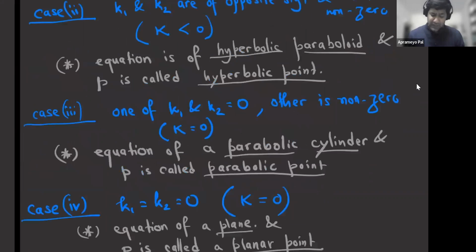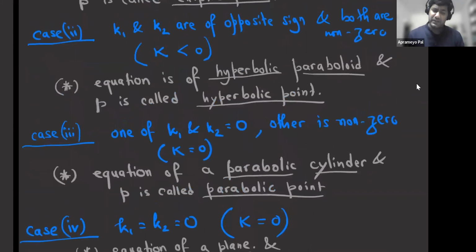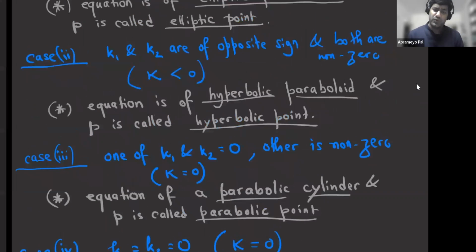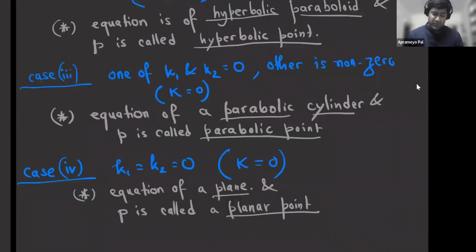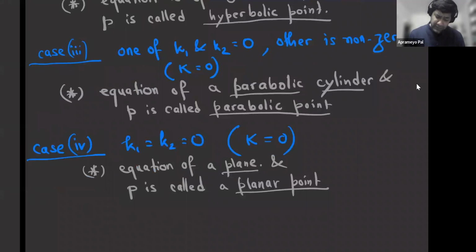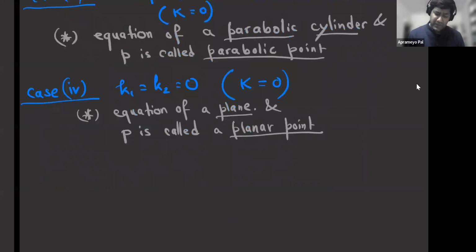Essentially, this is a classification of the points on a surface in terms of principal curvatures or Gaussian curvature. In a similar way, you can also get a very nice proposition.